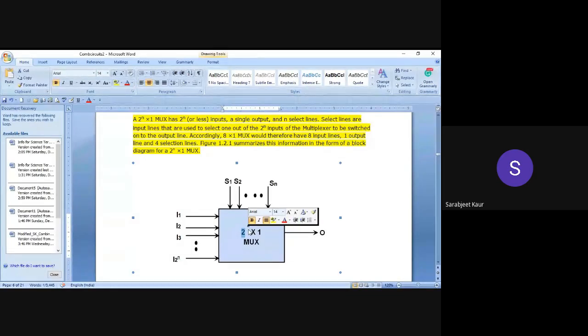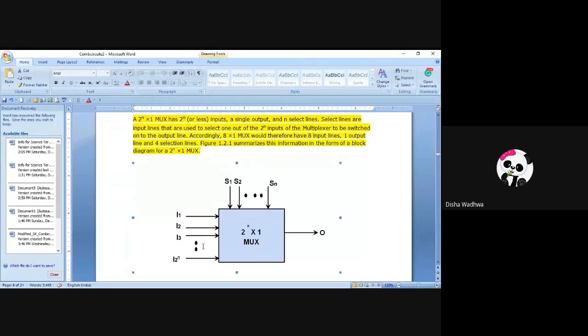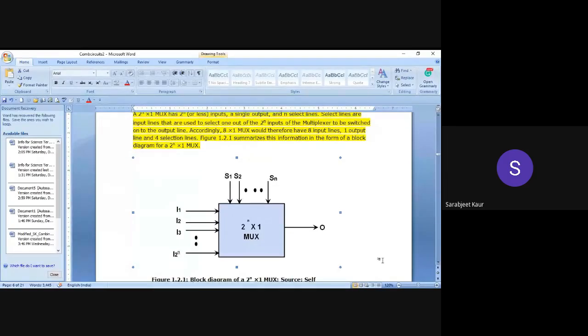So if the number of inputs is 2 raised to the power of n, then how many selection lines, my question to you is, will I require to be able to choose any one of these lines which can be passed onto the output line? Yes? n. Who was this? Please speak up.